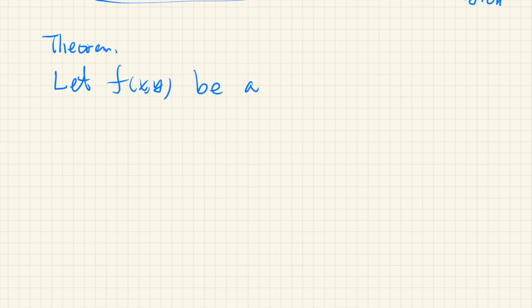Now we can state our goal of this lecture. Here's the theorem. Let f of x, y be a continuous function on a bounded closed region.